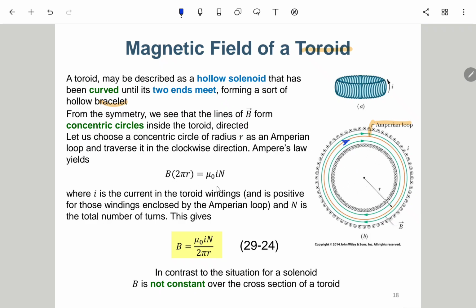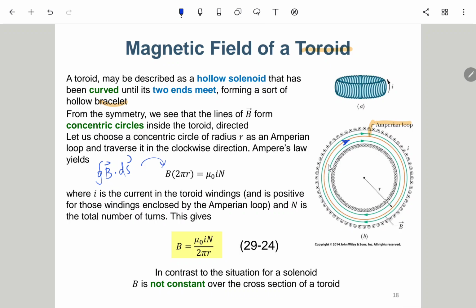On the left side is nothing but the integration of B dot ds, which becomes B times 2 pi r, because B and ds are parallel to each other, and B is uniform over the whole Amperian loop. And then on the right side, mu 0 I enclosed.